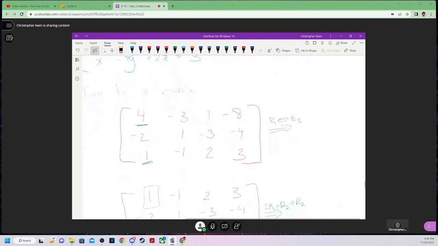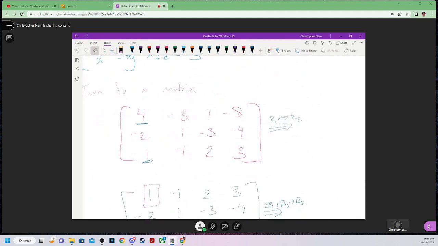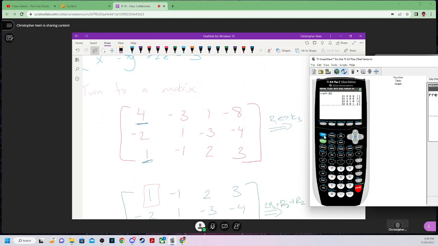So let's go to the original matrix up here. And then this time, I'm going to go into second, x raised to the negative first power. And I'm going to edit. And let's keep A and B, but let's use C now. And C is a 3 by 4 matrix.